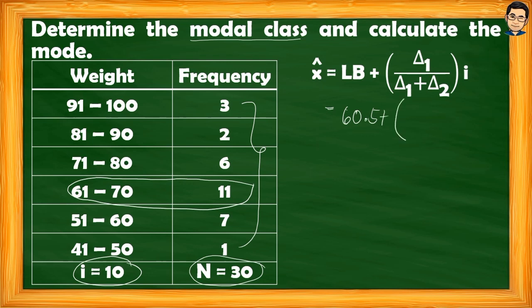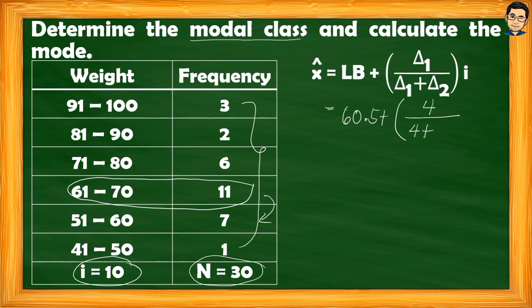The frequency of our modal class is 11. And our next lower class is 51 to 60, and its frequency is 7. So we do 11 minus 7, which gives 4. Over delta 1, that is 4, plus delta 2, d sub 2.